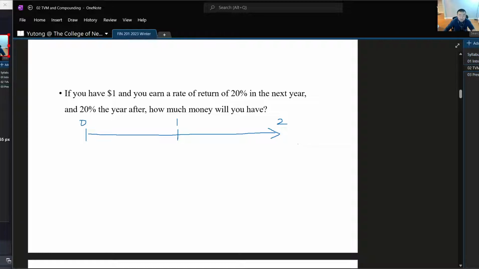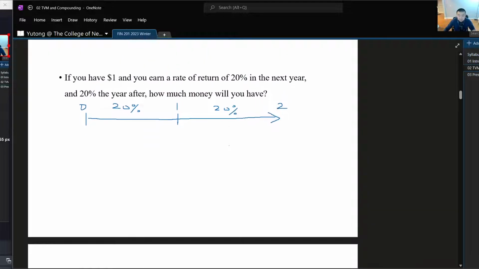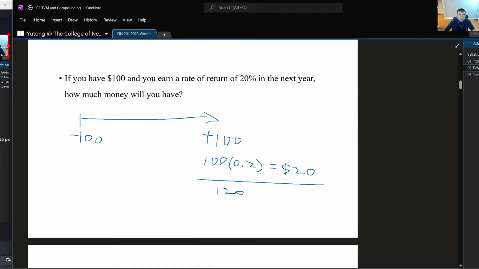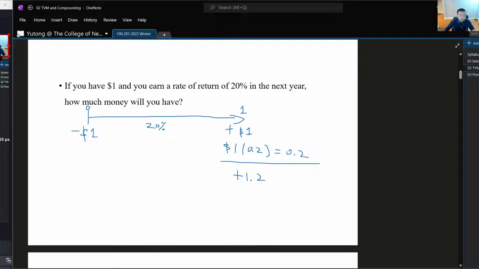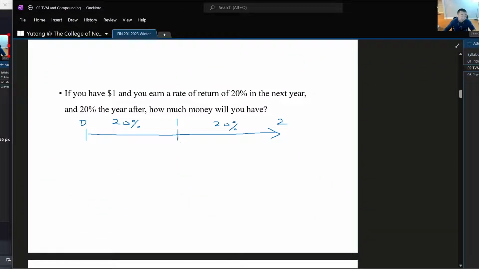In the first year, we're gonna get 20%. In the second year, we're also gonna get 20%. So how can we do it? We can try to replicate what we did before. We just need to know how much money we're going to end up with at the end of year 1 and repeat everything to the end of year 2.